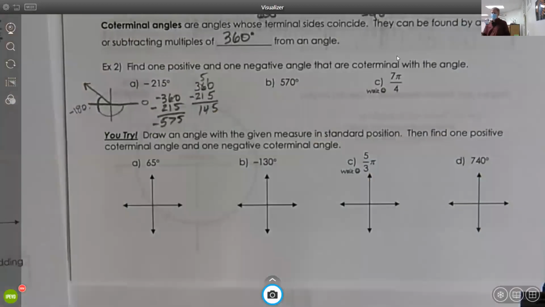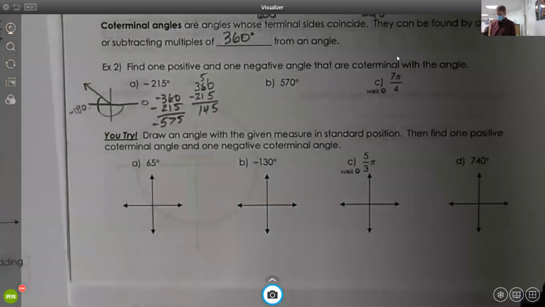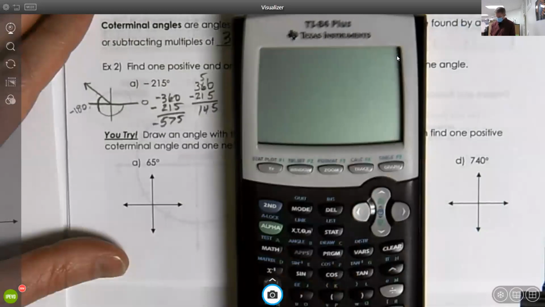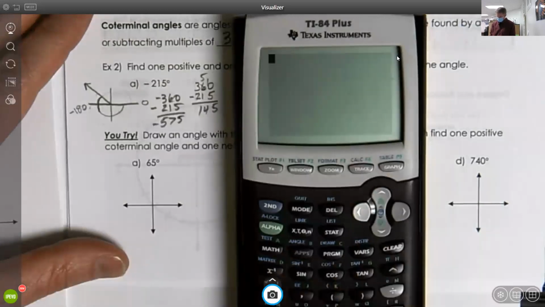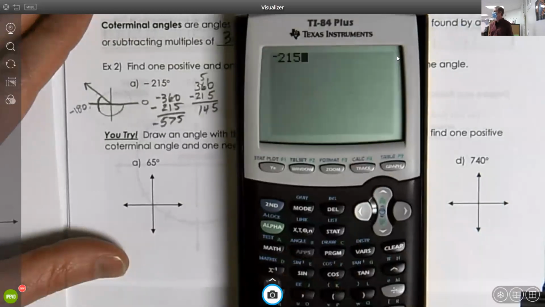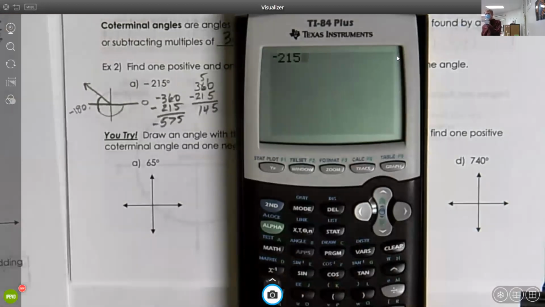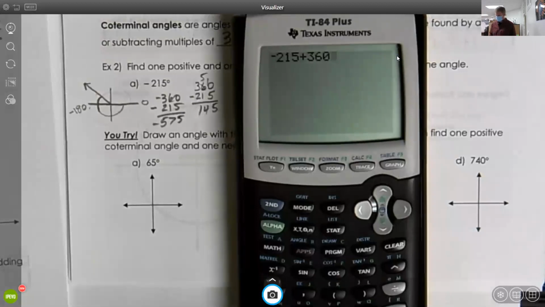So that gives us 145. Another way with your calculator, right? You have your negative 215. That's the direction you're currently pointing. And now you want to get a positive angle out of this. So you're going to add 360. You do multiples of 360.